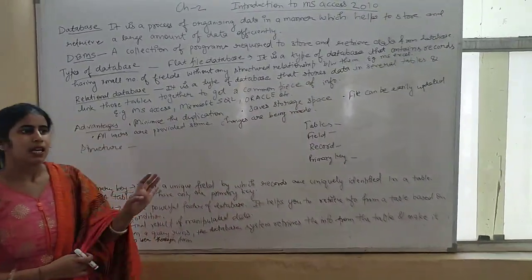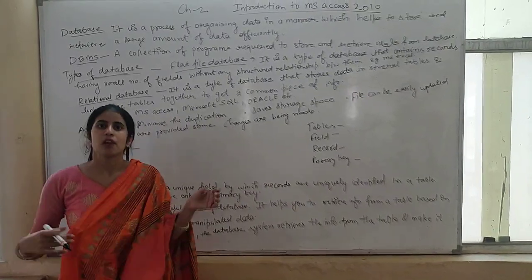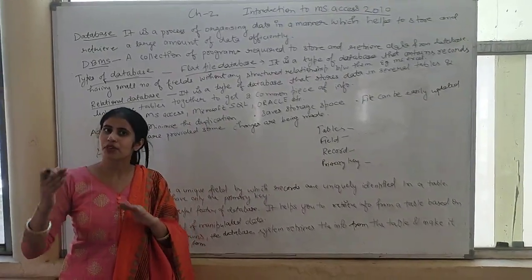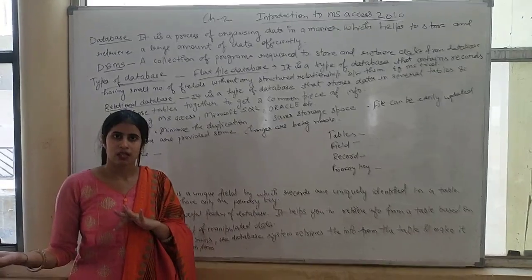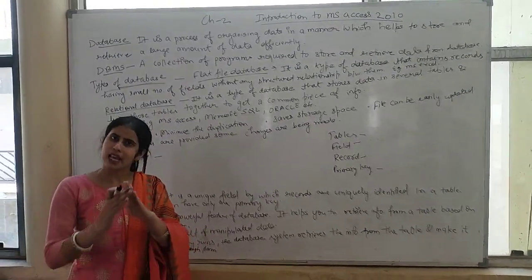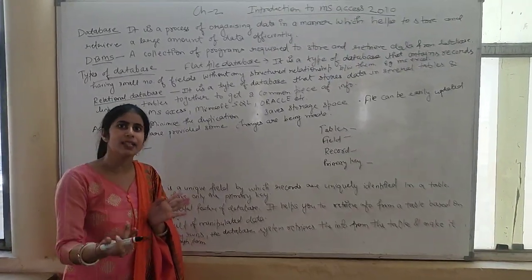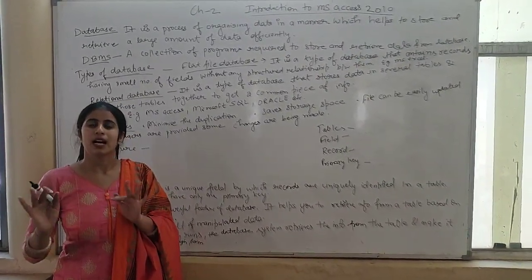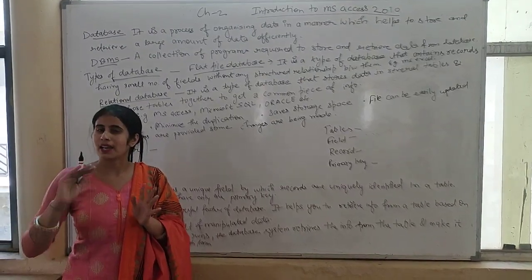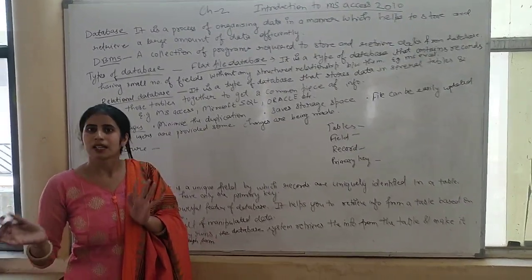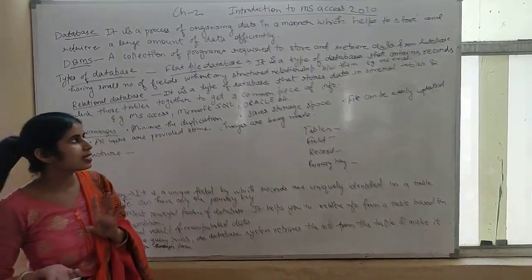It means in flat file database we are not having any relationship with other documents, other tables. It is having a single spreadsheet and all the records inside it will work. We can't have any relationship with other tables. And the example of it is MS Excel.